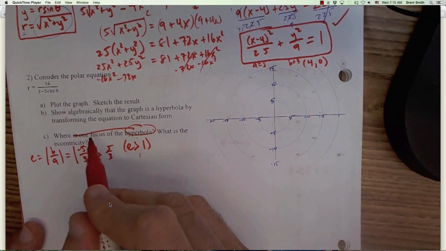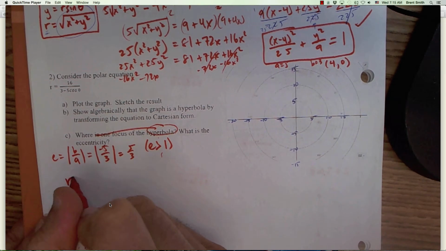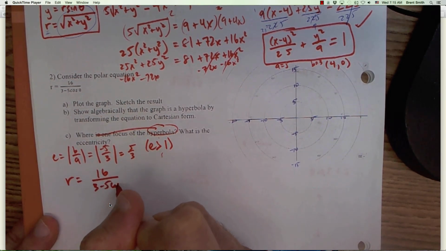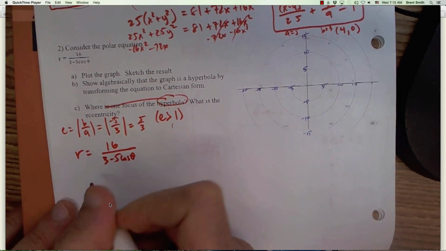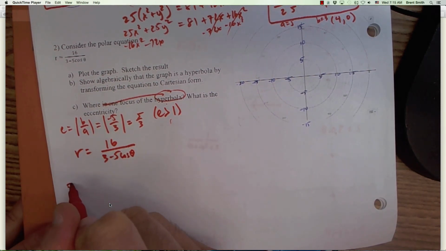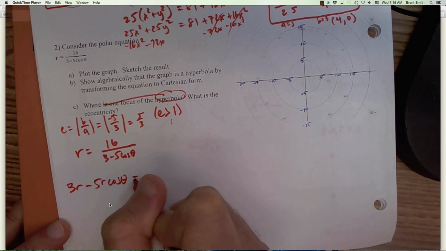Okay, let's do the algebraic part first, and then we'll sketch it at the end. So r equals 16 over 3 minus 5 cosine theta. So again, we want to multiply both sides by 3 minus 5 cosine theta. So we have, I'm just going to do a little bit faster, 3r minus 5r cosine theta equals 16.